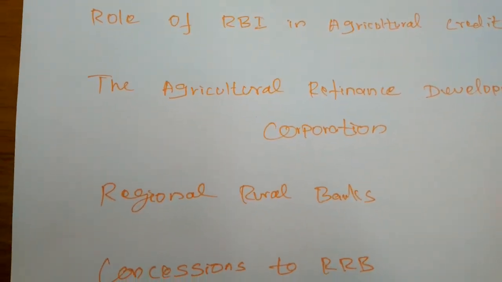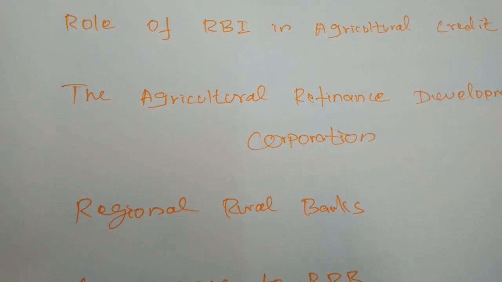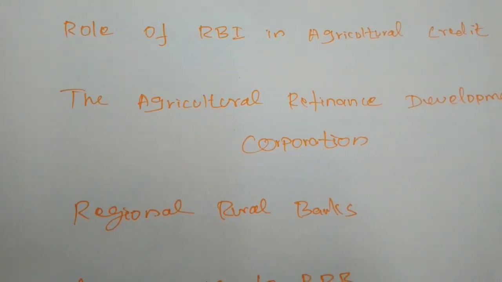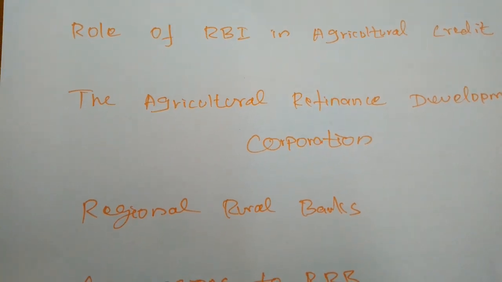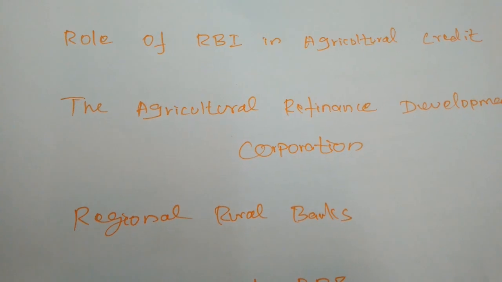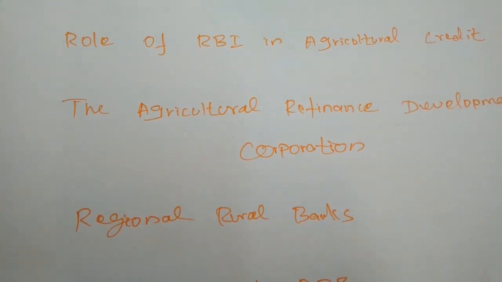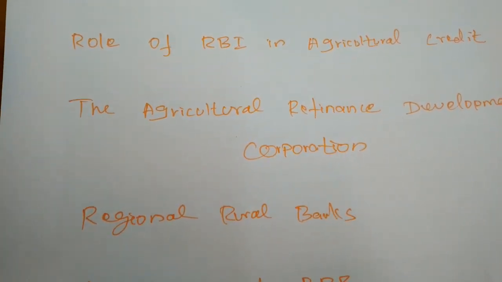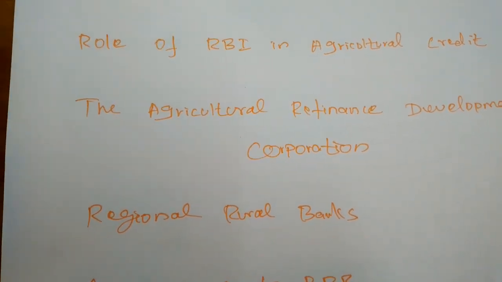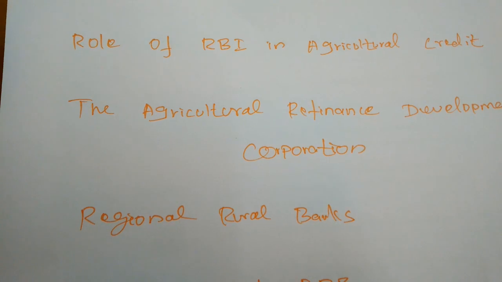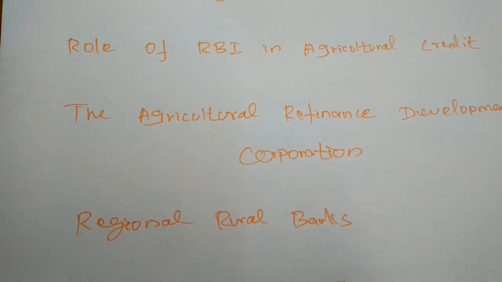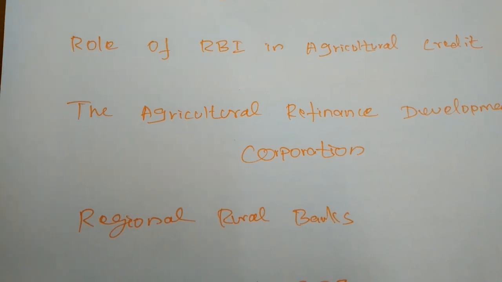Next, the functions of the agricultural credit department. What functions does the agricultural credit department have? First, to maintain an expert staff to study all questions on agricultural credit. The agricultural credit department will analyze questions related to agricultural credit, so it maintains the expert staff.